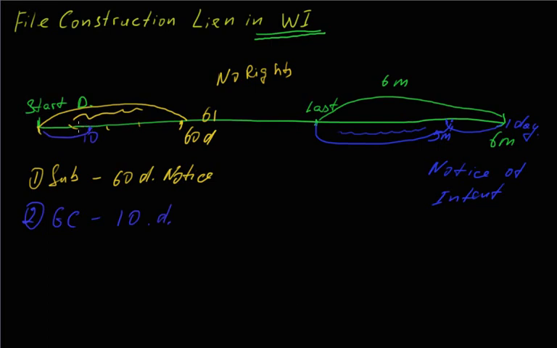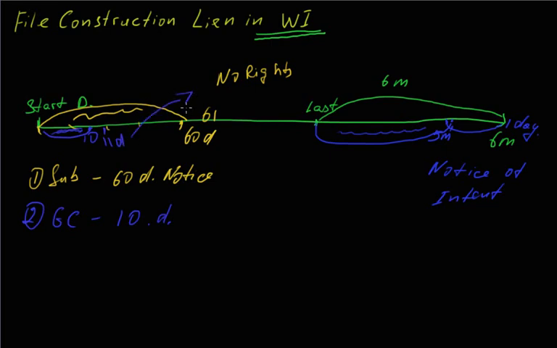And there are some exceptions depending on whether it's a residential or commercial project. But for the moment, we'll just assume that you need to serve the notice of lien rights for all the projects. So anytime during this period, you need to properly serve a notice of lien rights. If you miss it by 1 day, so let's say that it's 11 days, then you lose your lien rights again.